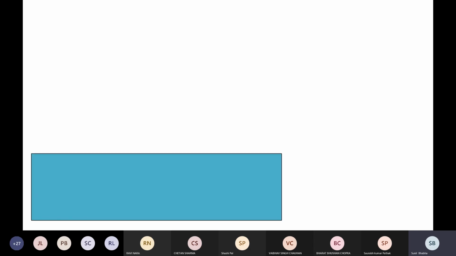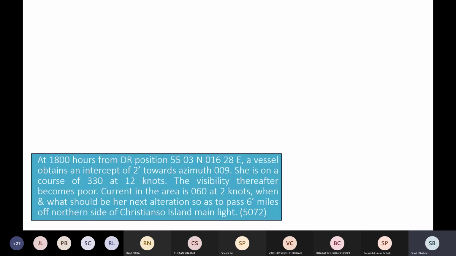So let's see this question based on blind navigation. Let's now try to understand this concept by looking at a question on the chart. So let me show you a question. We have the question on the screen now.